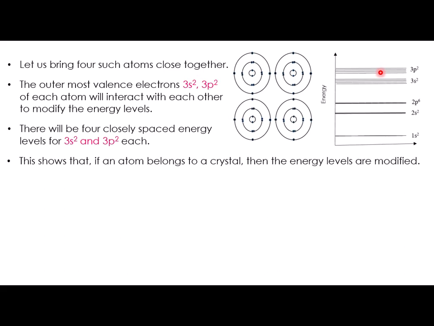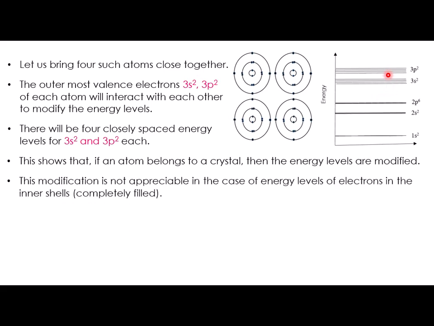This shows that if an atom is isolated, then the energy levels of its electrons are clearly distinct, separate from each other, quantized. However, when an atom belongs to a crystal, the energy levels of at least the outermost electrons are modified.